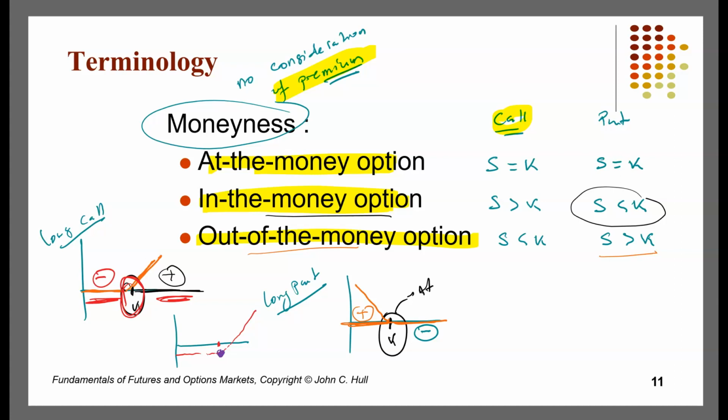We can exercise the option at any point, even if we've not recovered our premium just yet, because as soon as the stock price is greater than the strike price, we are starting to recover some of the premium that we've paid. So even if the stock price doesn't quite get to this point where we've fully recovered our premium, which is this chunk here, we have recovered a little bit of the expense that we initially had when we paid for the option.